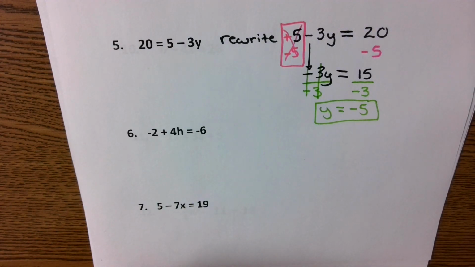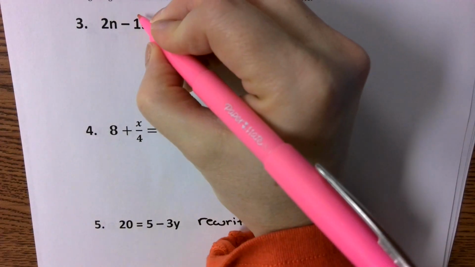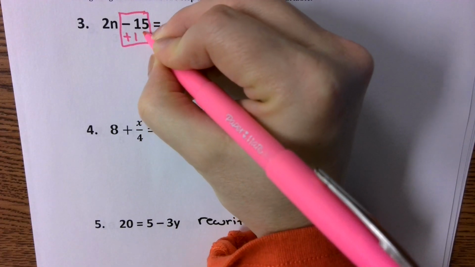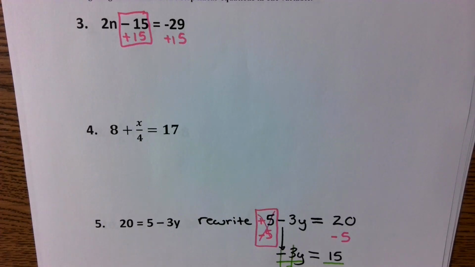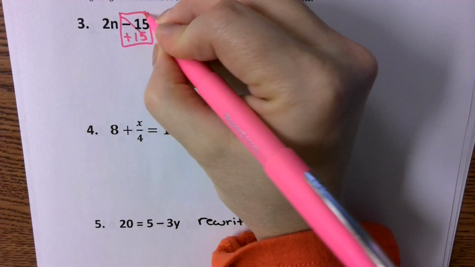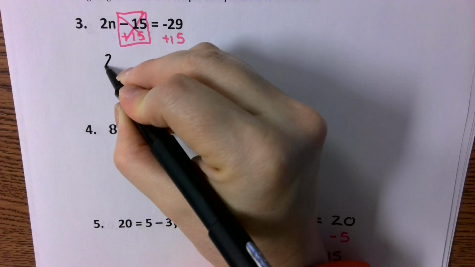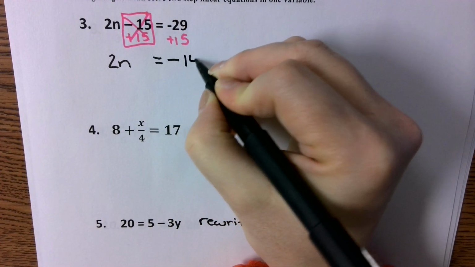All right, first thing that we're going to do, we're going to get rid of this 15. The only way we can get rid of it is by adding 15 to both sides. The 15s are now going to get crossed off. We boxed and crossed. That 2n is what's coming down, and it's now equal to a negative 14.